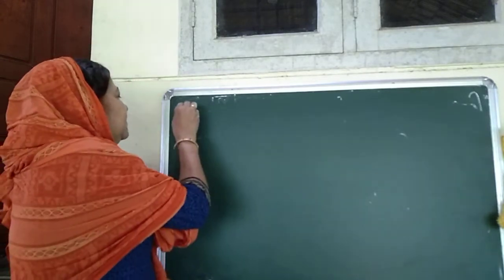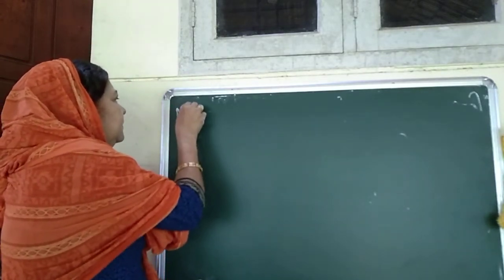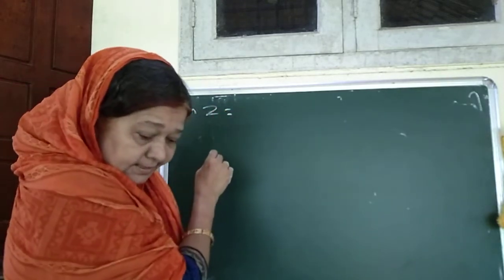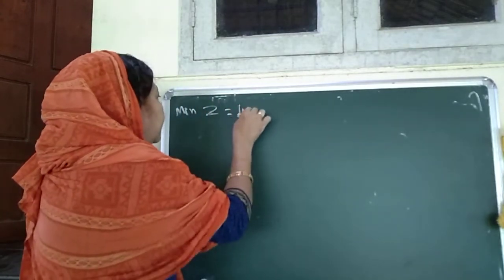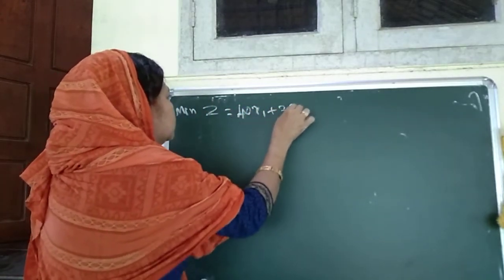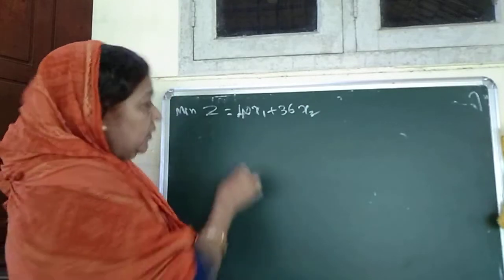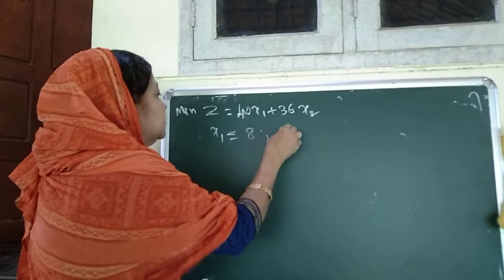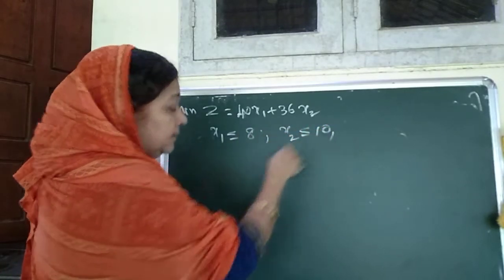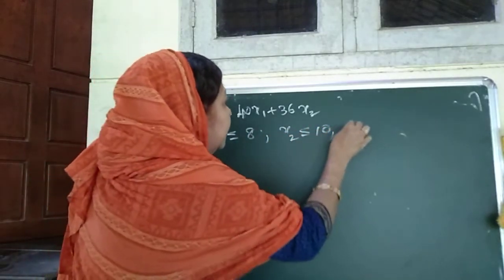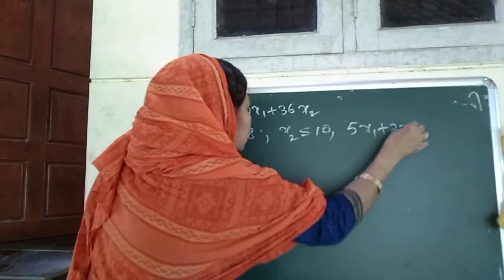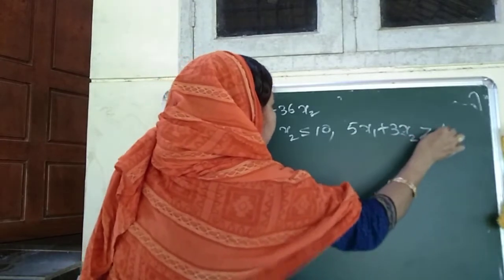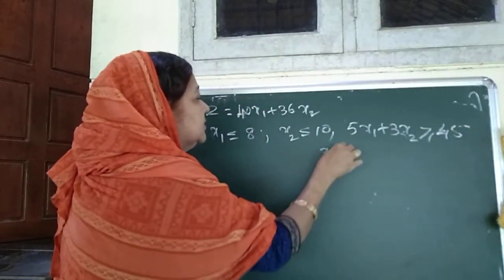For that, consider the problem: minimize z equal to 40x1 plus 36x2 subject to x1 less than or equal to 8, x2 less than or equal to 10, and 5x1 plus 3x2 greater than or equal to 45, and x1, x2 greater than or equal to 0.